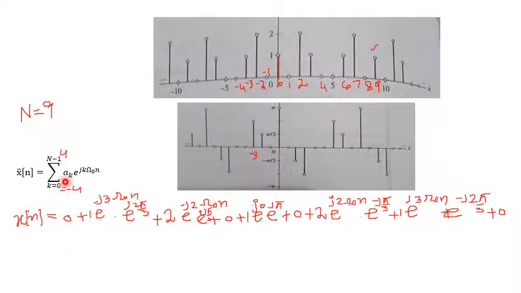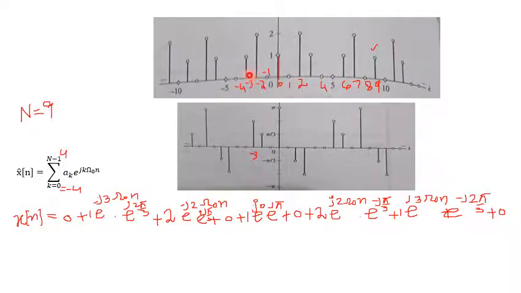So if I open this equation, that a_k of minus 4, so minus 4 is 0, that's why I put 0, because anything multiplied by 0 will result into 0. Then at minus 3 we have amplitude equal to 1, so if I open this, so 1 and e power, for k I have written minus 3.